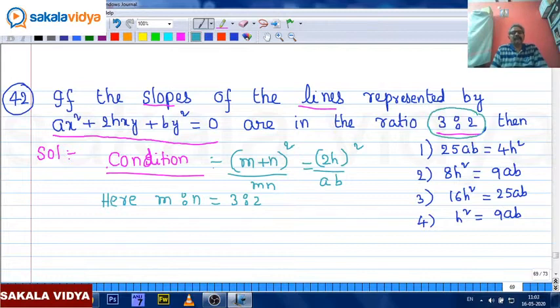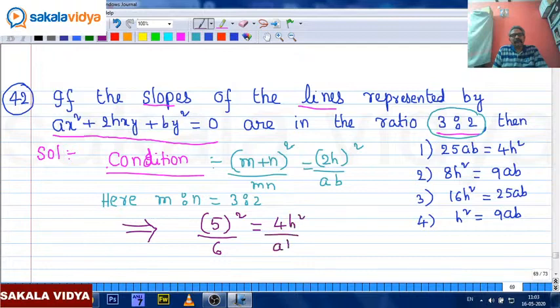So now we need to substitute, that's all. 3 plus 2, 5, 5 square, 3 into 2, 6 equal to 4h² by ab. So this implies 25/6 equals 4h²/ab.